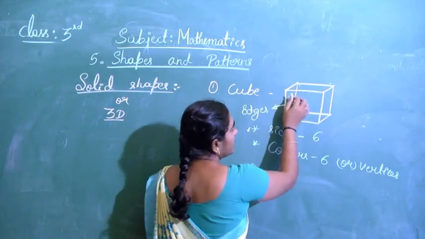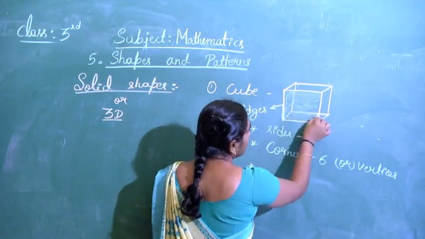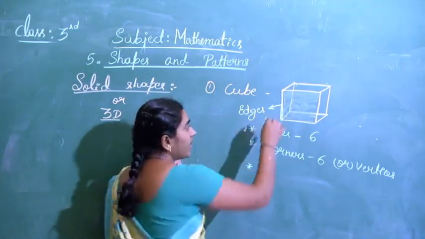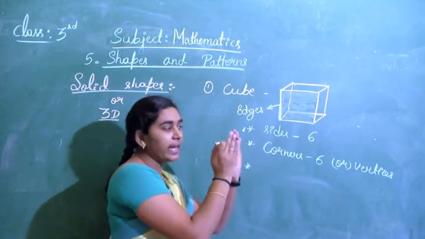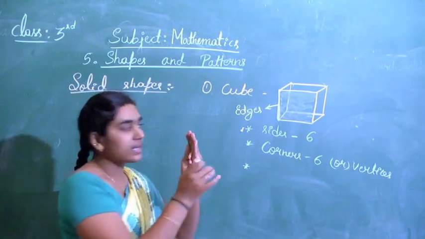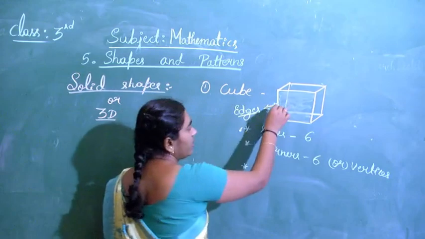Sides means these faces. The line where two sides are joined is called an edge. So let's count how many edges are there.